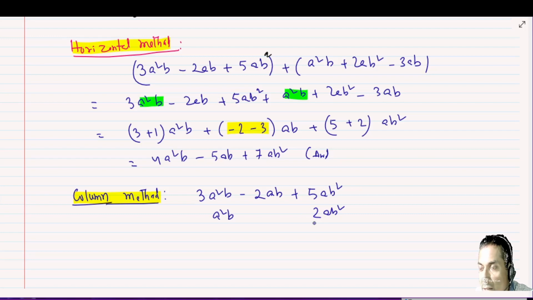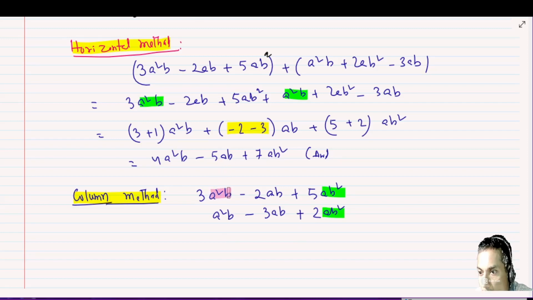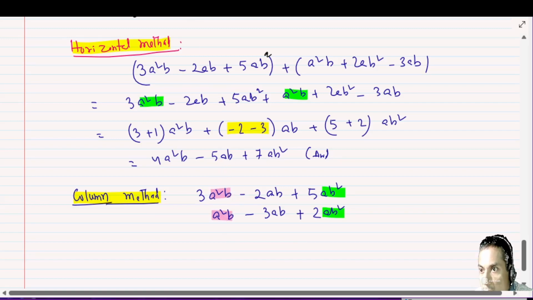Include the sign also, because here it is positive, so keep the positive here. And minus 3ab, keep minus 3ab here. Clear? What I have done is just group all the like terms. These all are like terms. Clear? It is very, very important.